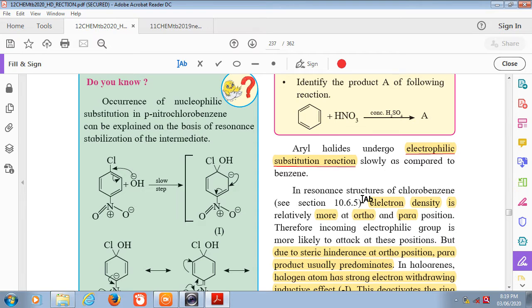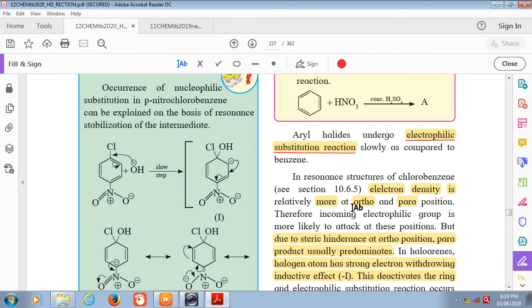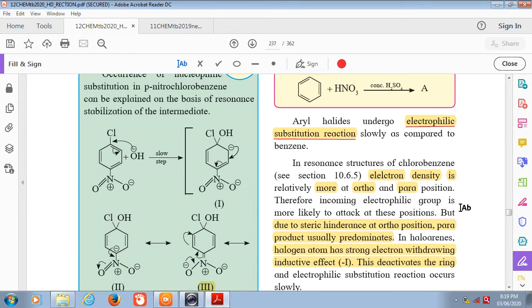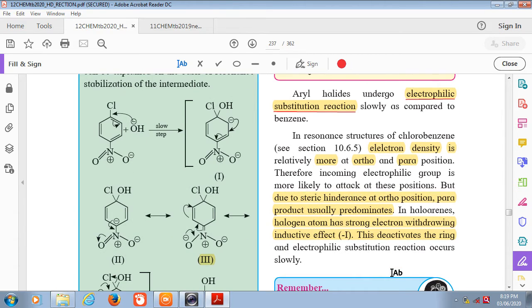So in the resonance structure of chlorobenzene, electron density is relatively more at ortho and para positions. Therefore, the incoming group is more likely to attack at these positions, but due to steric hindrance at the ortho position, the para product usually predominates. So the para product is the major product. So in haloarenes, the halogen atom has a strong electron withdrawing inductive effect. This deactivates the ring and electrophilic substitution reactions occur slowly as compared to simple benzene.